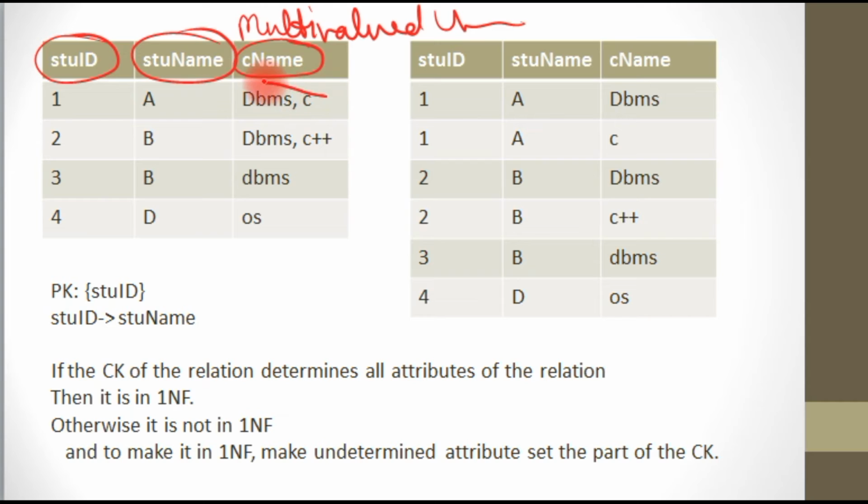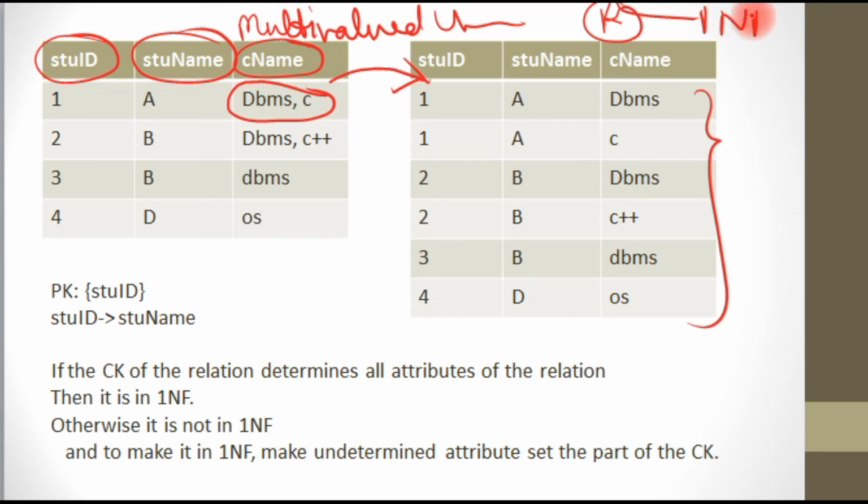That's why we have more than one value in the course name. So for converting this multi-valued attribute into a single-valued attribute, we create separate rows for each value in the course name column. So now we have this relation, and this relation is in first normal form.